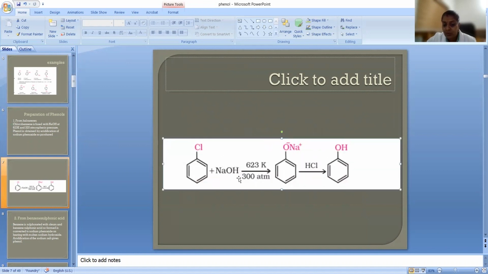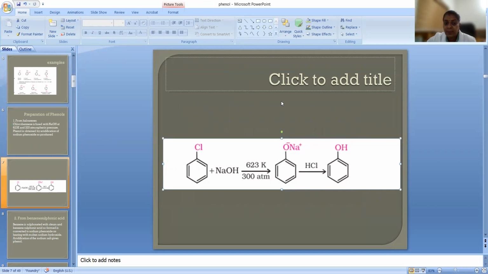When it reacts with sodium hydroxide, it needs drastic conditions, high temperature and pressure. Then it will be converted into the corresponding sodium phenoxide, ONa. After that, this sodium phenoxide we have to convert into OH.